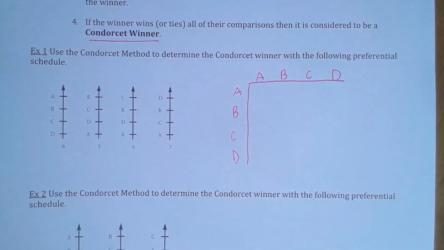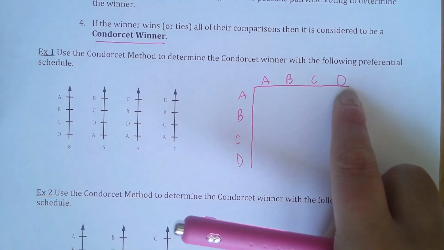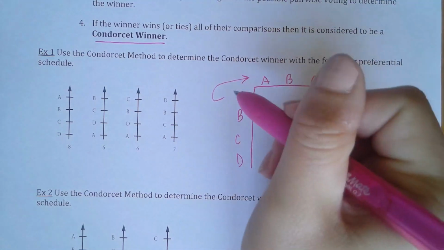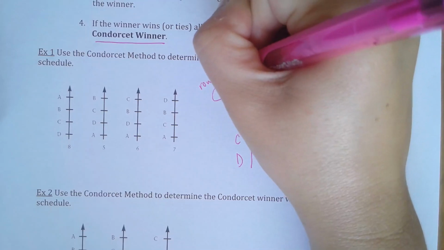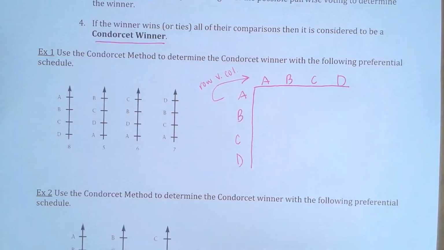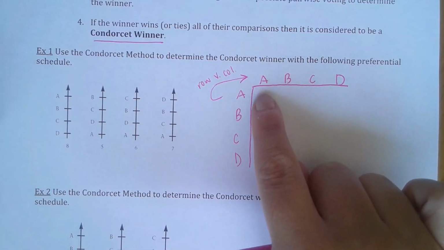How this system works, if we do the box way, is that we take all the choices on the side, and then we do a head-to-head comparison with all the choices on the top. In other words, it's comparing the row to the column. In this first one, it would be A versus A, who wins?